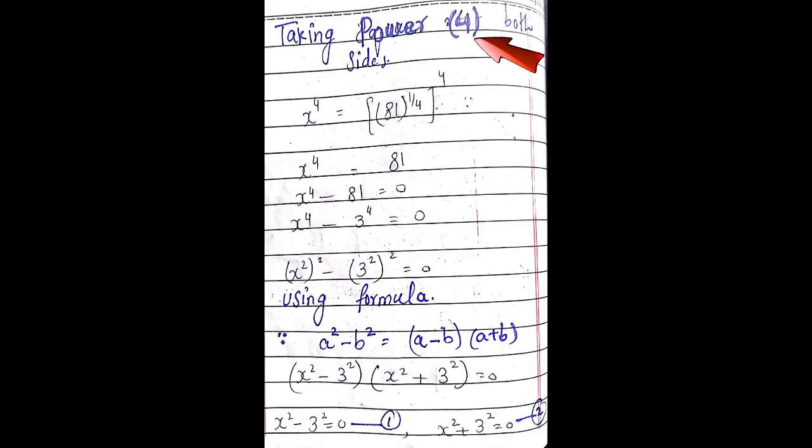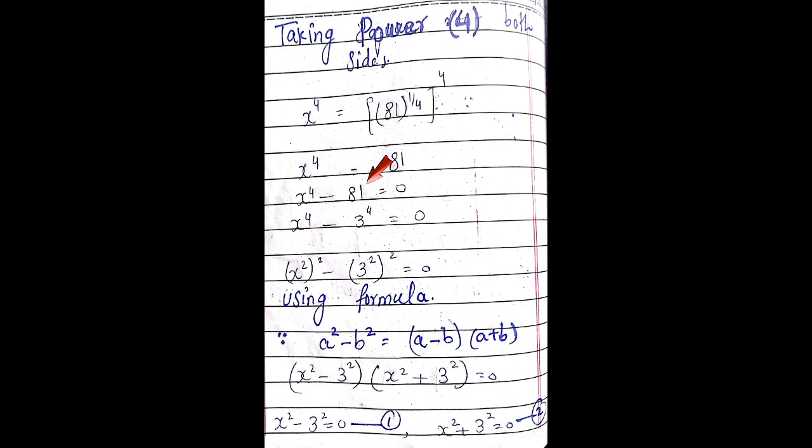Then taking power 4 on both sides, x power 4 is equal to 81 power 1 by 4 whole power 4. Then multiply with 4 power 1 by 4, and just 81 remains.